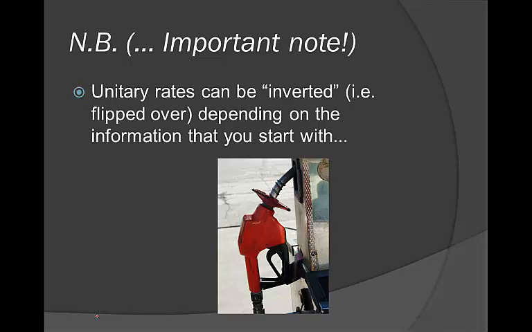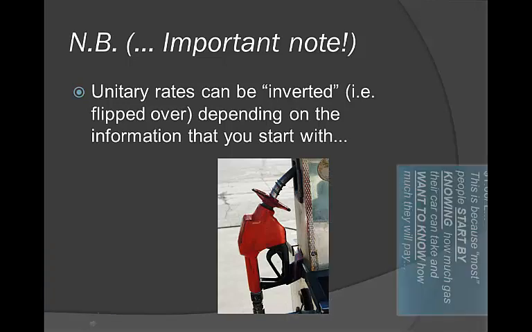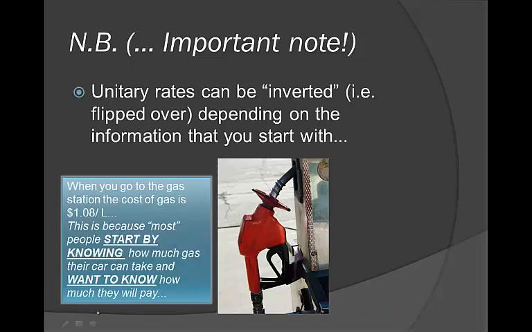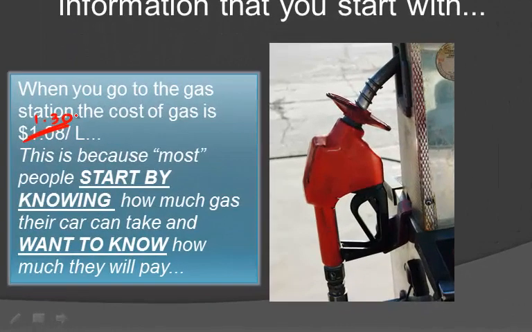Now, that might not seem all that important, and maybe it's not intuitive why unitary rates are important, but here's the clincher: unitary rates can be inverted. In other words, you can take them and flip them over depending on what information you start with, and probably more importantly, what it is that you want to find out. So when you go to the gas station, the cost of the gas is $1.30 per liter.